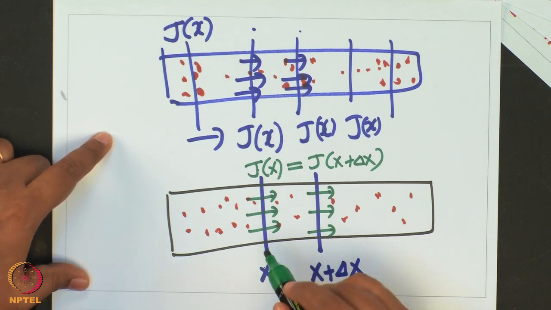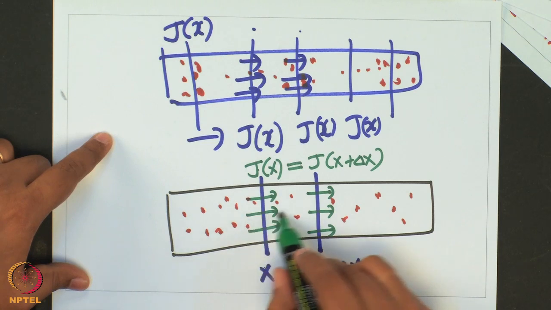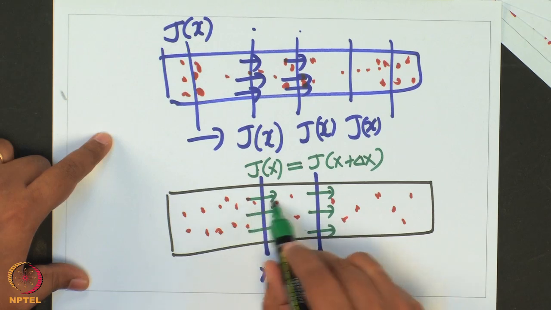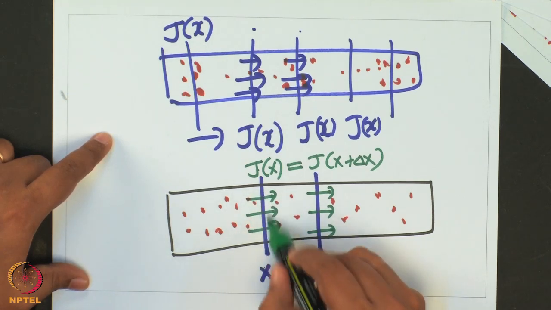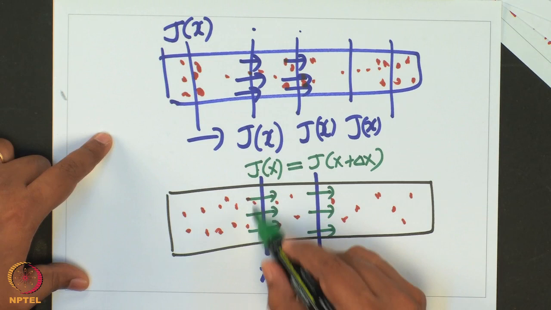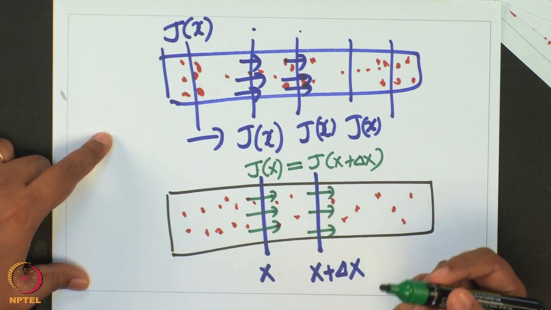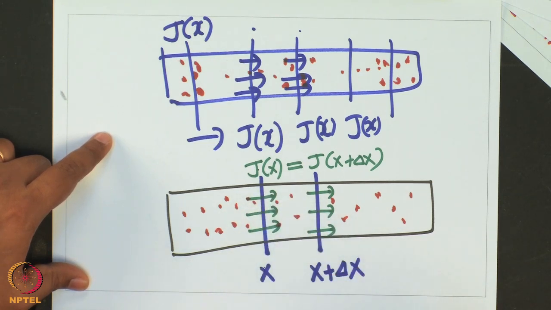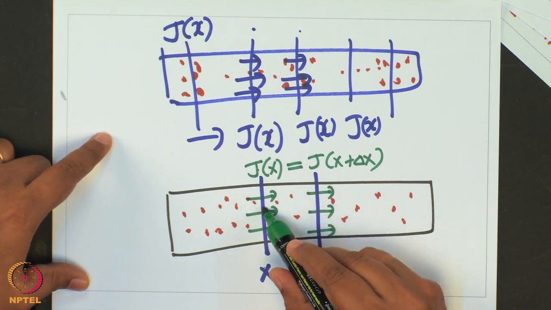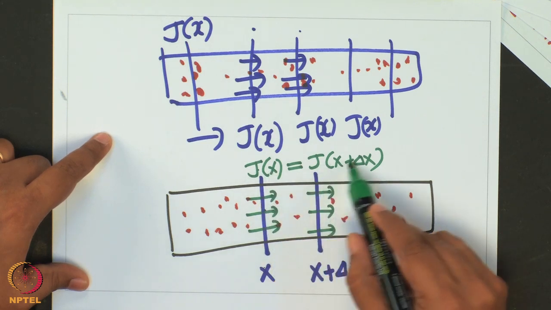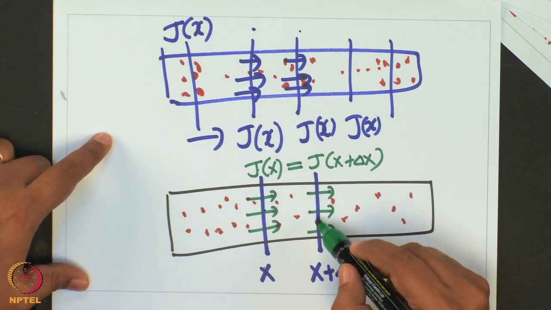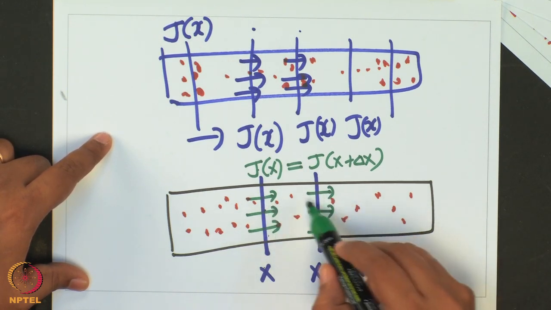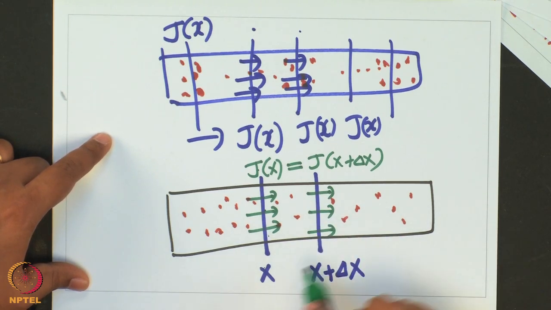At x, I find that the flow is along the plus x direction, and the flow is some number, let us say 3 arrows, which means 300 protein particles are crossing this line every second. That is the flow here, that is J of x. J at x plus delta x, let us assume, is exactly the same, in the same direction. Here also 300 particles are crossing in the plus x direction.